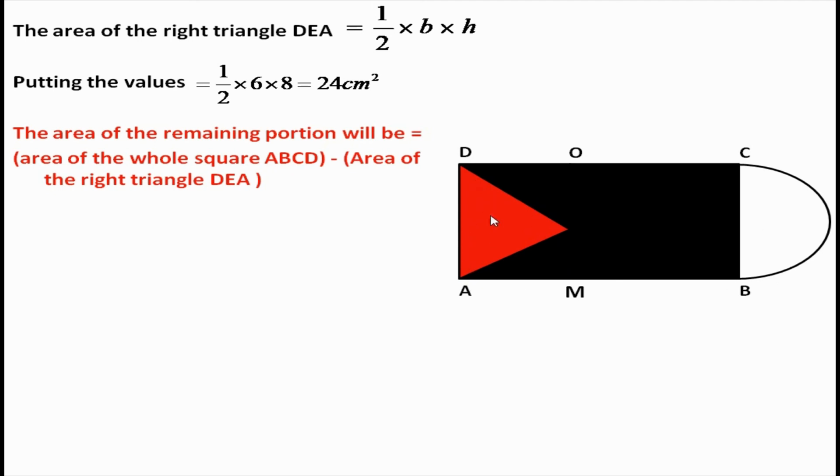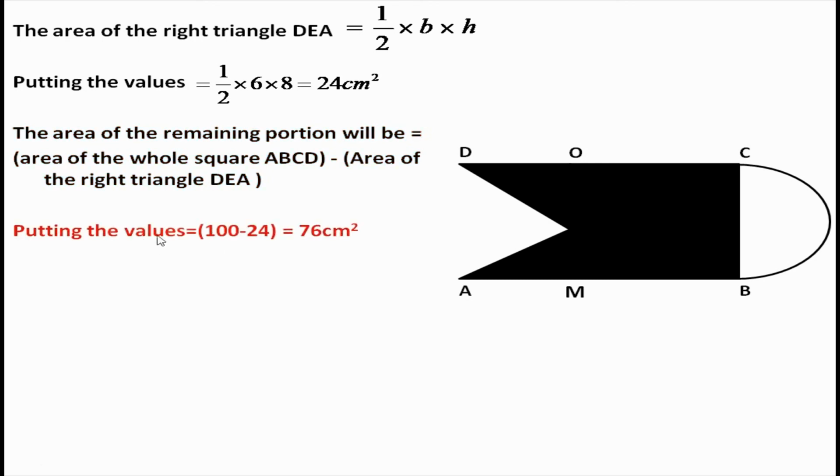We are going to subtract this red portion, which is the area of the right triangle, from this whole black portion, which is the area of the square which we carried out earlier, if you remember. After subtraction, you see that portion disappeared. This is the portion we get, and this is the required portion. This is the remaining portion which we want.